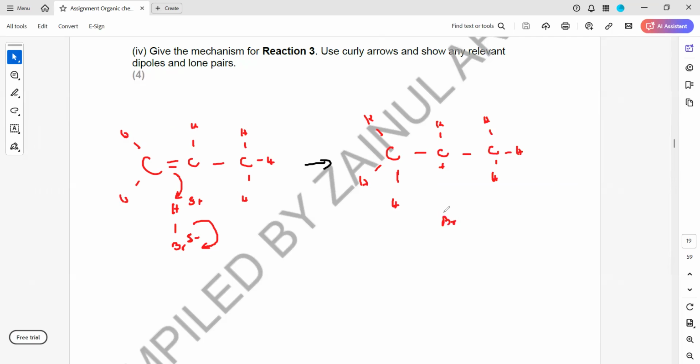So this is bromide, Br with a negative charge, and it will form a bond with this carbon. So the final product will be 2-bromopropane, which will be the major product. 1-bromopropane is also possible, but that will be the minor product. So this will be 2-bromopropane, which is the major product here.